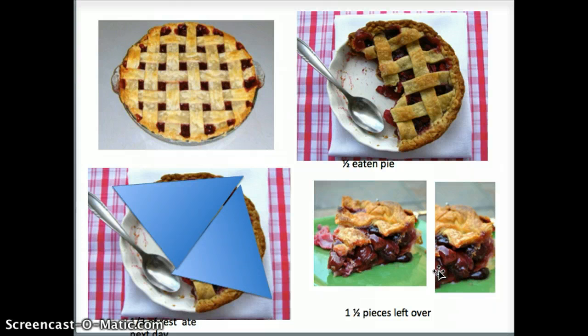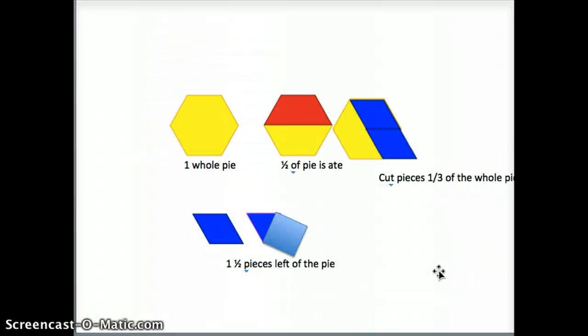To get a better look at this even more, with the pattern blocks, it would look like this. One whole pie is what you start out with, and she ate half of it, so that's what that red is. She only has half of that left, and then she wants to cut 1/3 pieces that are going to be 1/3 of the whole pie.